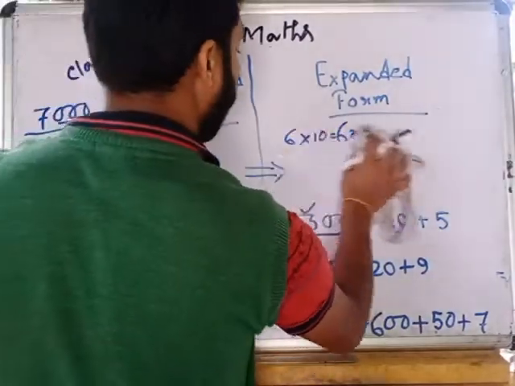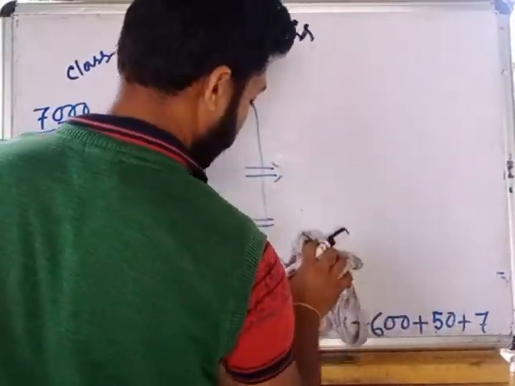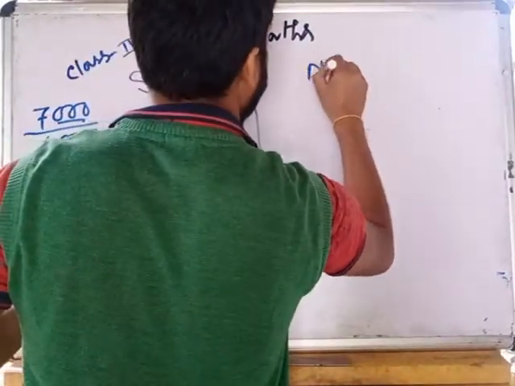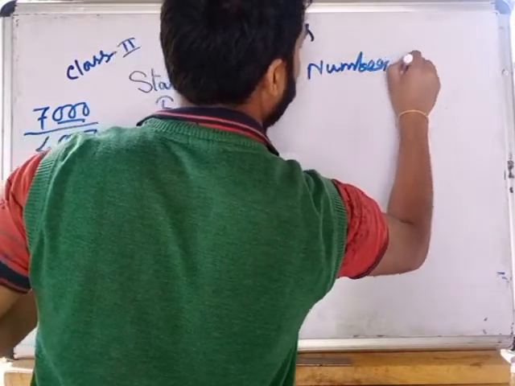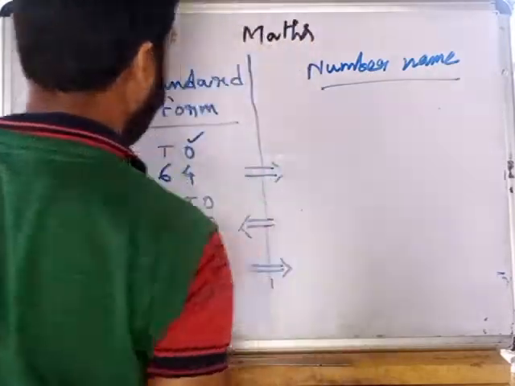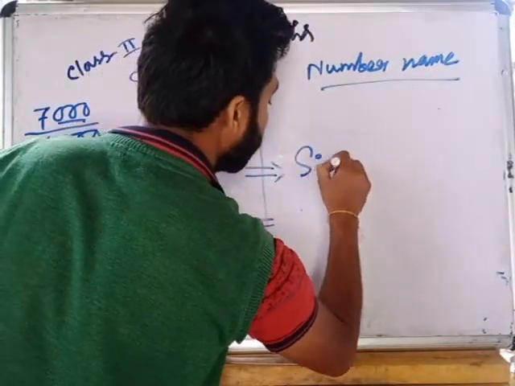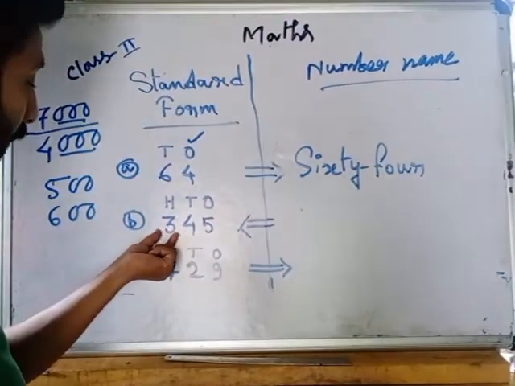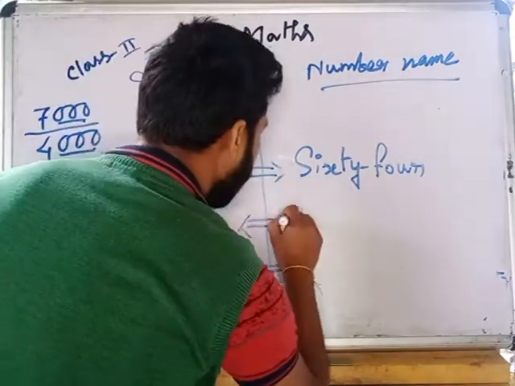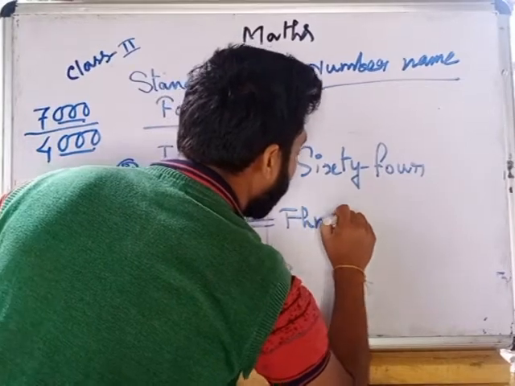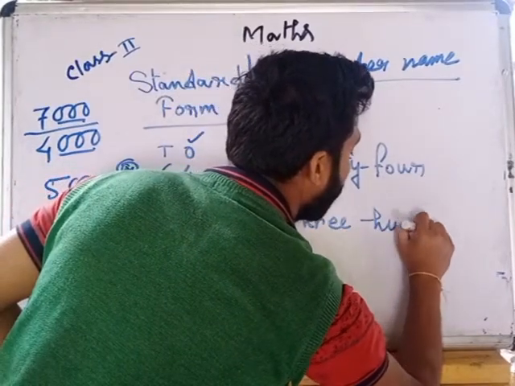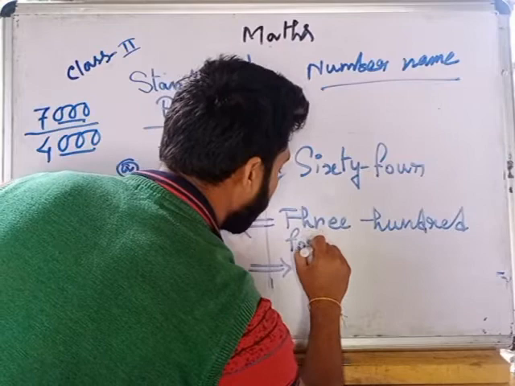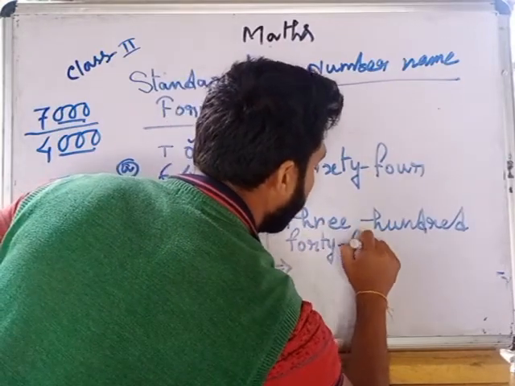We should write here the number name. Number name 64. 345. 45.